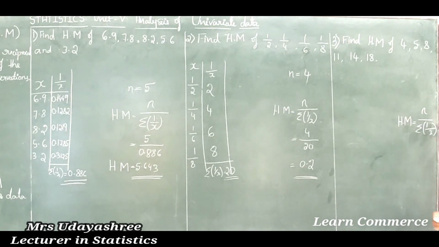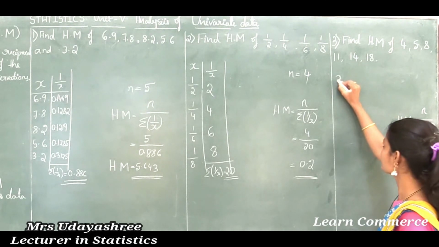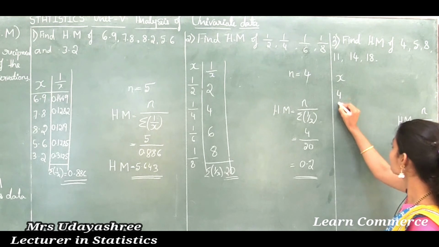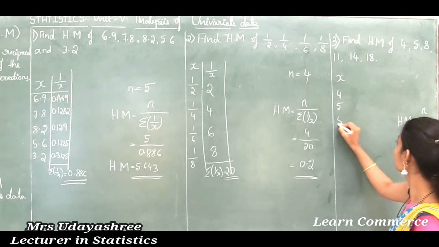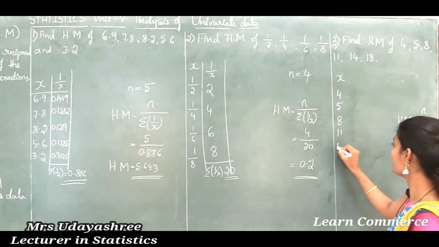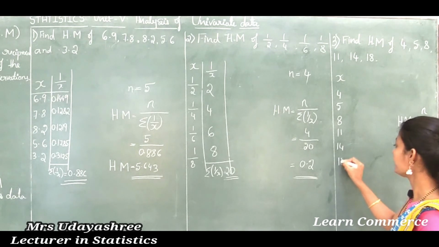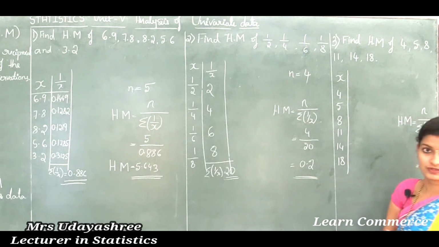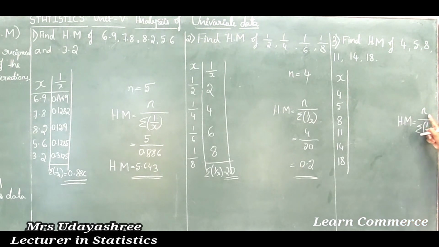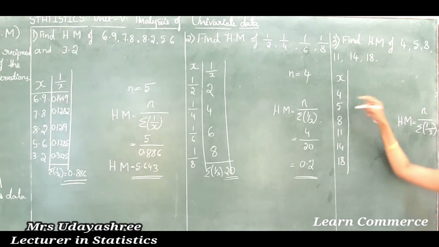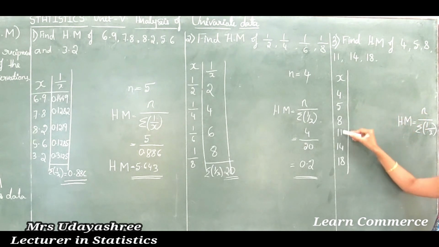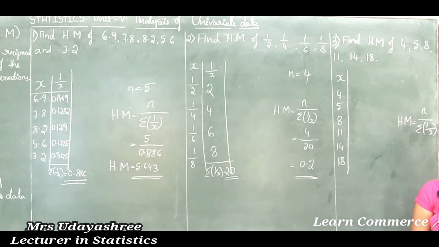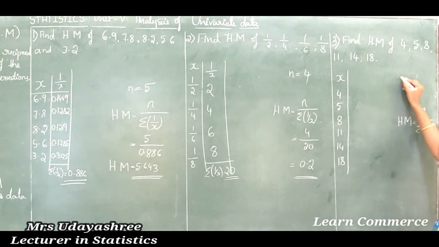Here given set of observations are 4, 5, 8, 11, 14 and 18. These are the x observations. Small letter n is number of observations, that is 1, 2, 3, 4, 5, 6. So here number of observations are 6 and we need to write n is equal to 6.